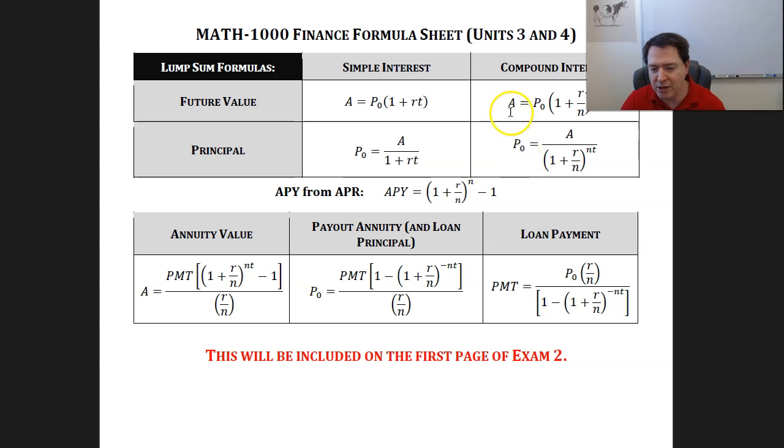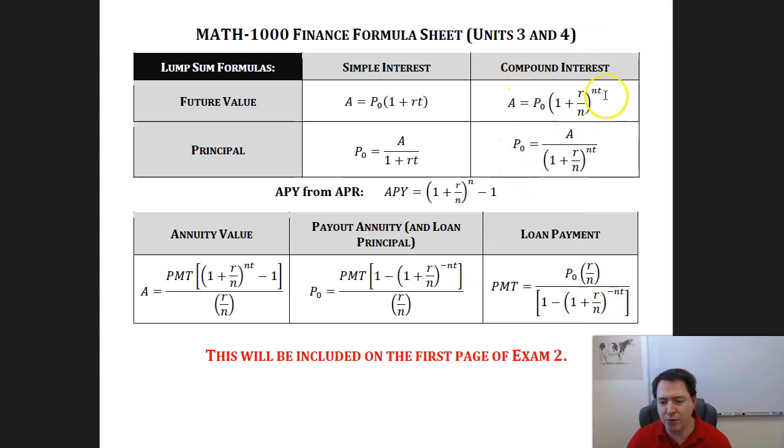In other words, I'm only using these formulas in the situation where I've only put in money once, and I just want to see how much interest I would earn off of that single deposit. These formulas at the bottom are our annuity formulas, and you see our first savings annuity formula right here. This is for those regular payments.